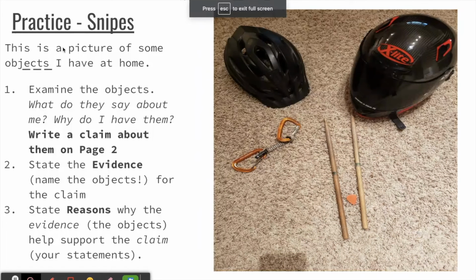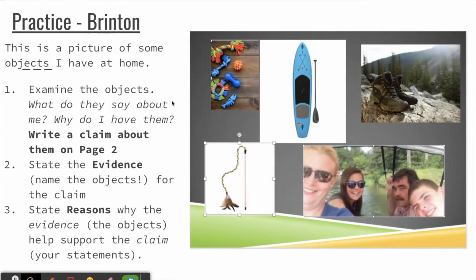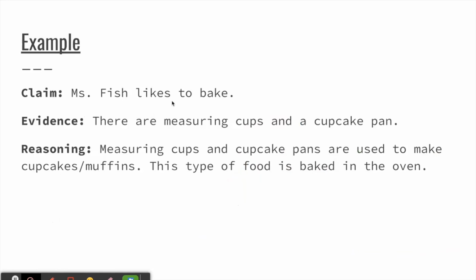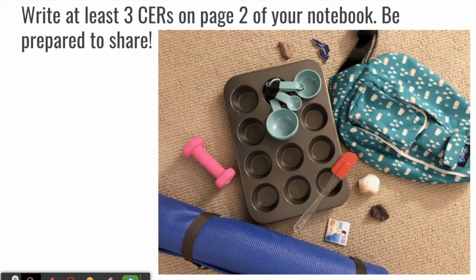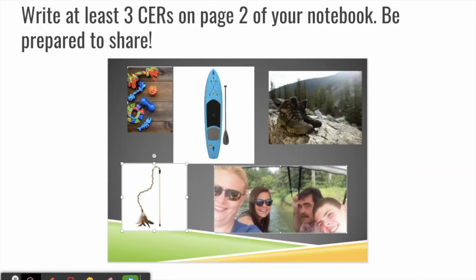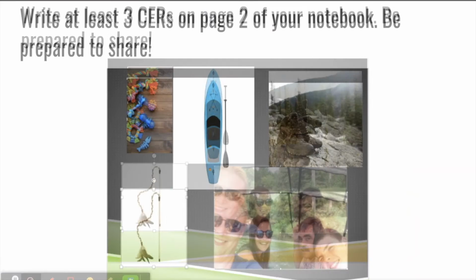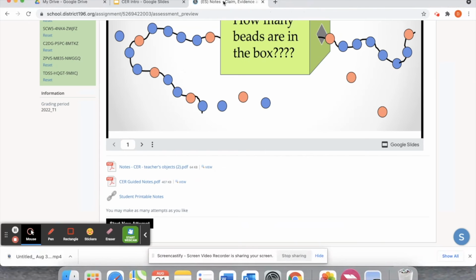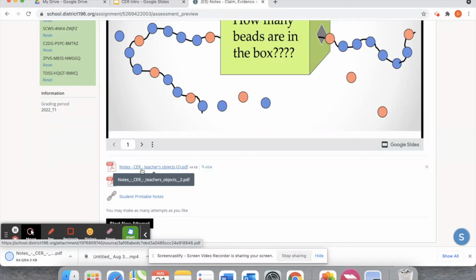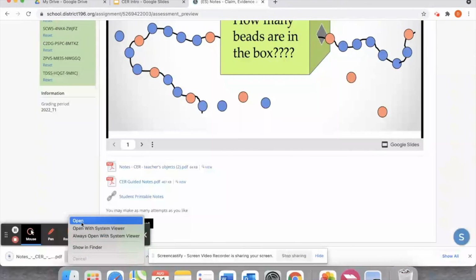So if you have Mr. Snipes, you're going to want to look at this picture. And if you have Miss Brinton, you're going to want to look at this picture. So for Miss Salisbury, on page 2 of your notebook, write 3 CERs based on what you see here. If you have Mr. Snipes or Miss Brinton, you're going to want to go back to the Schoology page, and open up the part titled Notes CER Teachers Objects.